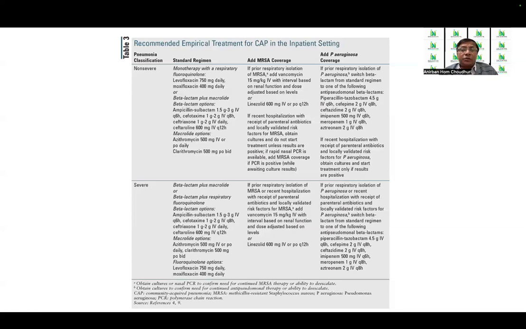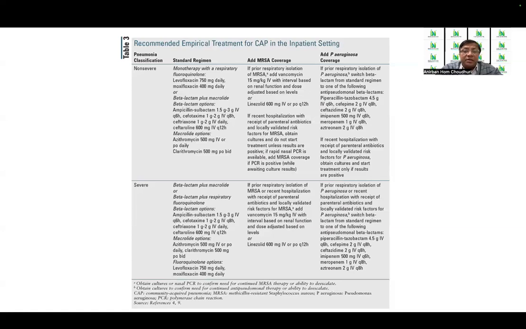In recent hospitalization with receipt of parenteral antibiotics and locally validated risk factors for MRSA, it is important to obtain cultures and not start treatment unless the results are positive. Sometimes the MRSA treatment is started quite early, where the cultures don't yield MRSA. So that should be strongly discouraged.